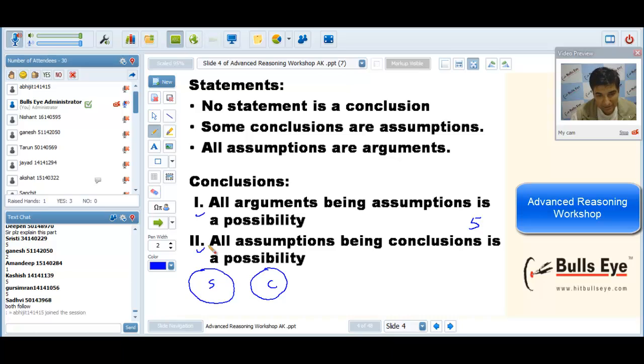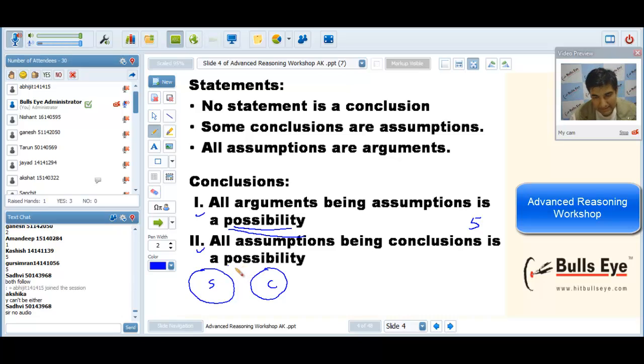Now, the major part in this question was the word possibility. You don't have to check whether it actually follows or not, but only check the possibility, whether it is there or not. Even one case in 1,000 would do.